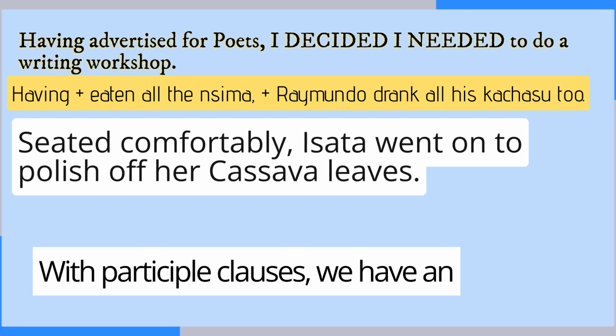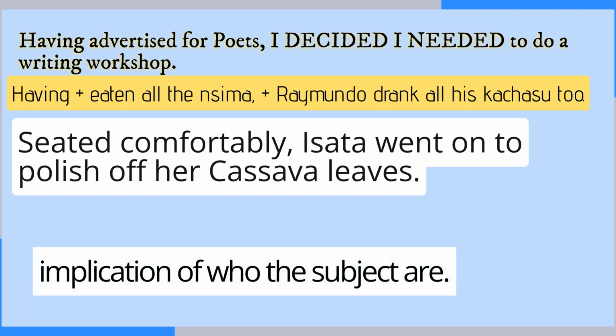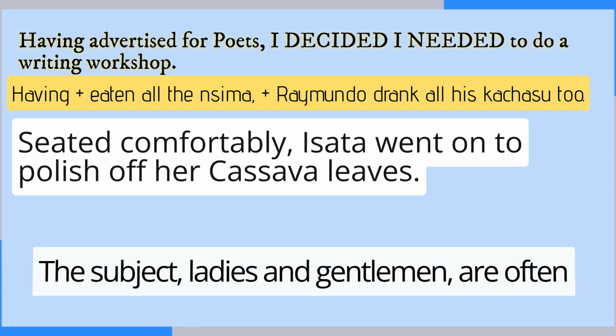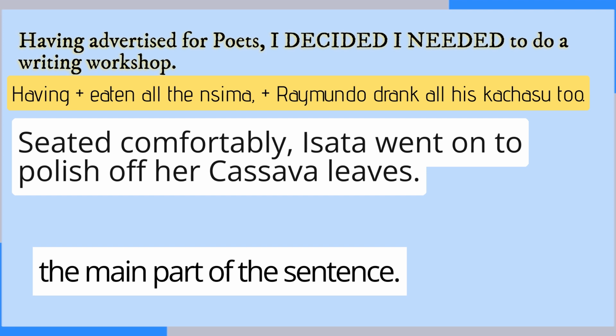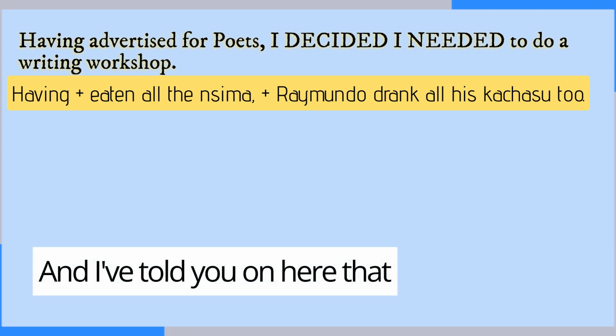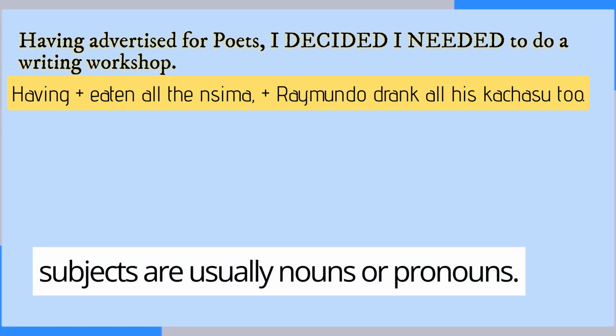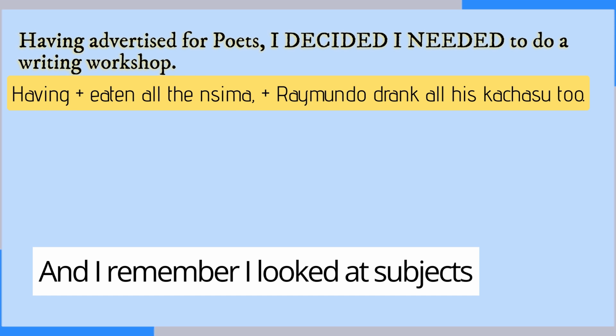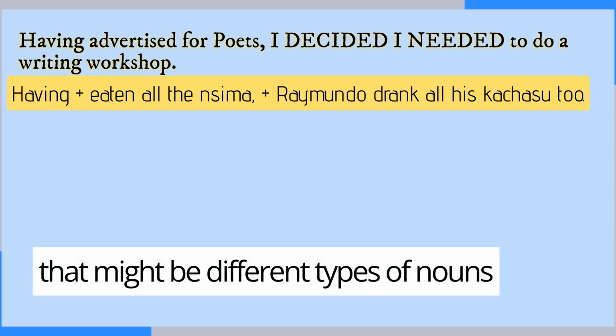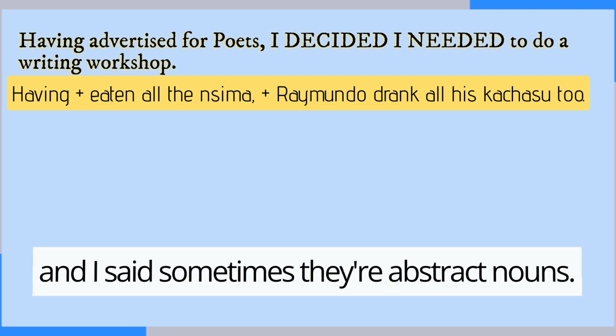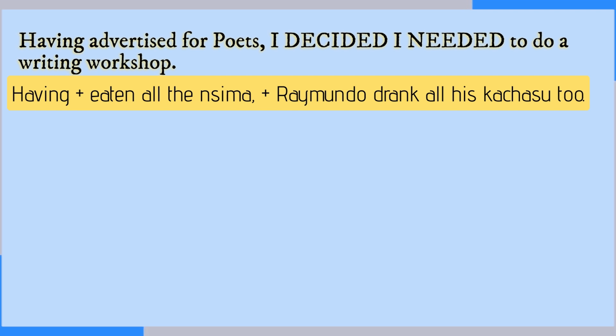With participle clauses, we have an implication of who the subject is. The subject, ladies and gentlemen, is often the main part of the sentence, and I've told you on here that subjects are usually nouns or pronouns. And I remember I looked at subjects that might be different types of nouns, and I said sometimes they're abstract nouns.